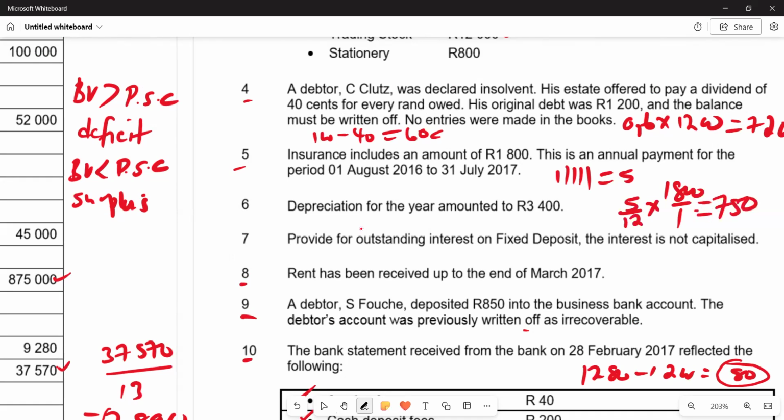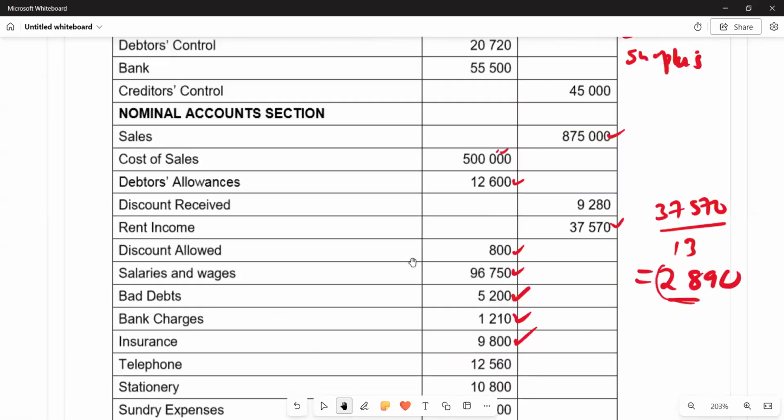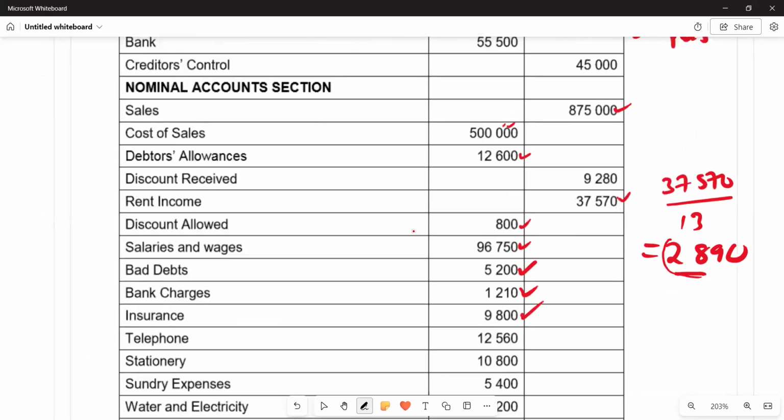So this one is out of the period. In other words, it's a prepayment, or an amount that was paid in advance. So we need to remove it because it does not belong to this period. So we go there and remove it from the figure for insurance, 9,800, and we remove 750.